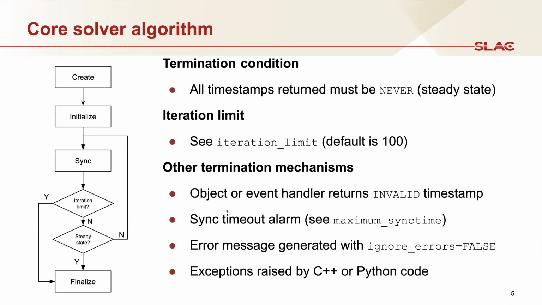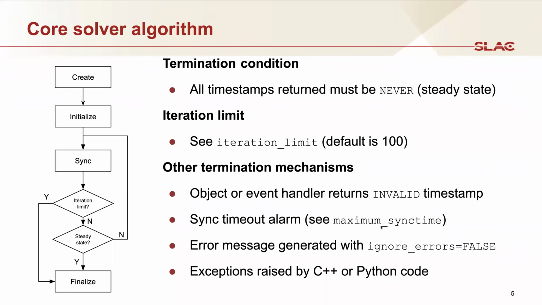There are other ways that the main loop can exit. Think of these more as sort of error, exception handling. If any of the objects returns an invalid time step, that causes the main loop to exit as well. If there's a synchronization timeout, so there's a maximum time that any object is allowed to run its synchronization event, and that's controlled by a global variable called maximum sync time.